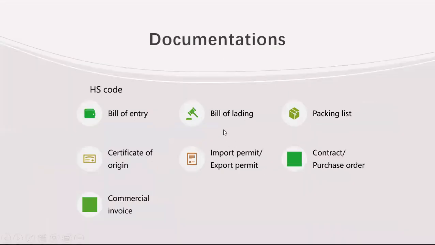HS is an abbreviation for Harmonized System, and it is an internationally standardized code for goods and merchandise. When we import goods, we need to submit the bill of entry to the customs agency, and they will ask you to clarify the type of goods, the country of origin, and the price on the invoice, so that they can calculate their import or export tax.